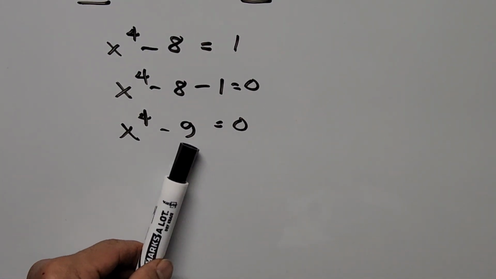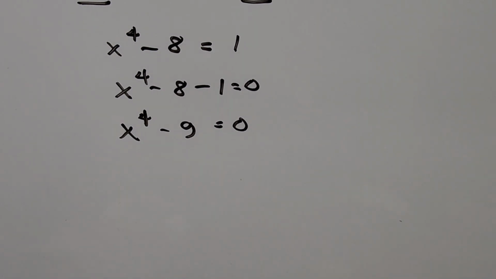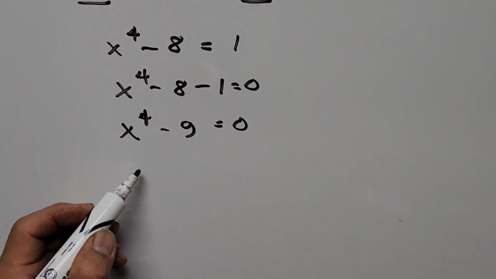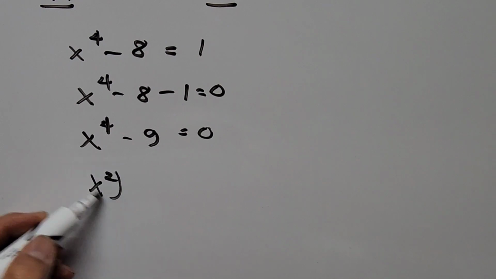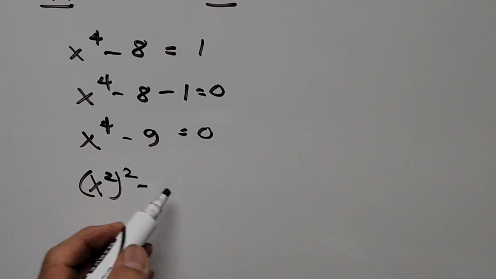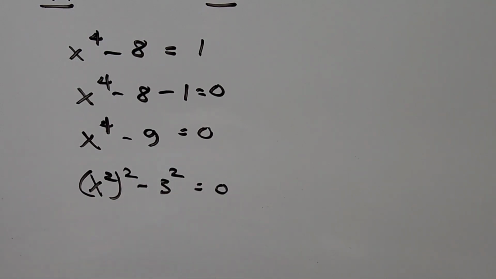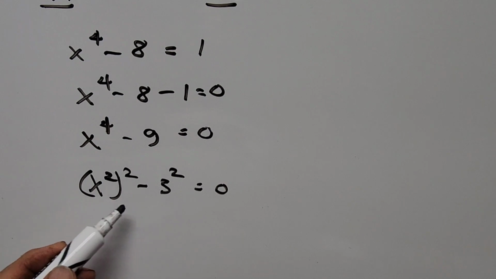Since 9 is a perfect square, and x to the fourth can be expressed as a perfect square, x to the fourth can be expressed as x squared to the second power, and 9 can be written as 3 squared. Now this is equal to 0. So we have now the difference of squares.